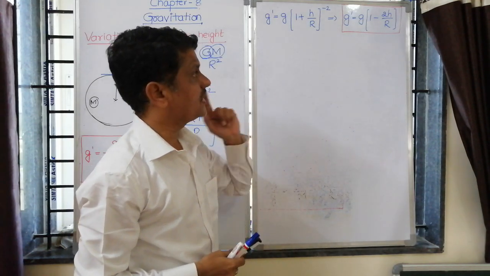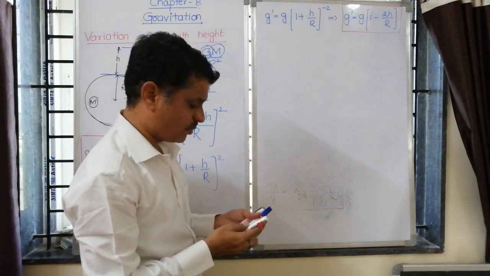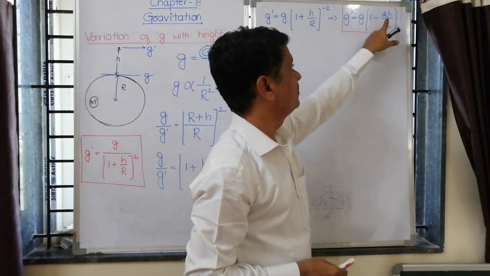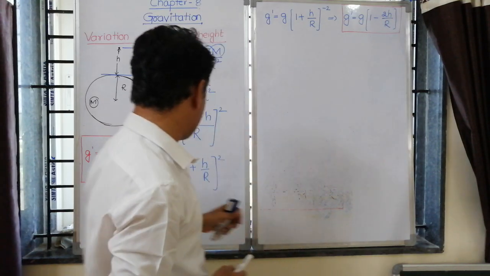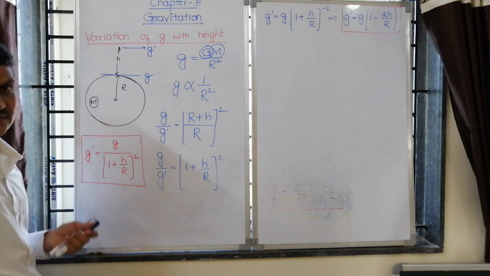But now question arises, small means how much? Up to what height we can consider this formula? Above which height we have to take this?